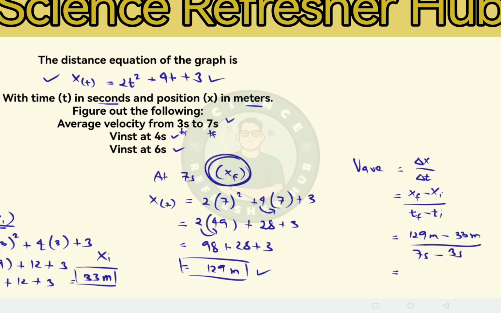So 129 minus 33, you will have 96 meters, and then 4 seconds. 96 divided by 4, you'll get 24 meters per second. This is the average velocity from 3 to 7 seconds in this particular function here.